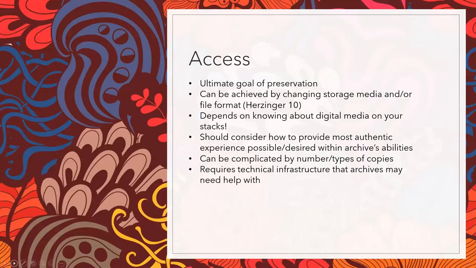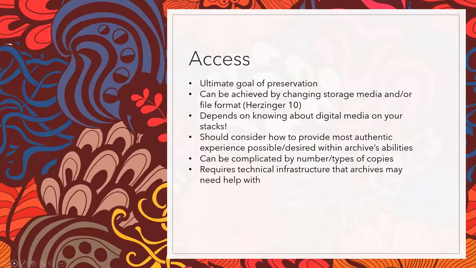And last but not least, access to electronic records or digital records oftentimes requires technical infrastructure that archives may need help with. So you need some kind of content management system that is going to allow your researchers to access electronic records, or you may need some kind of computer in your reading room that is going to allow researchers to have access to your electronic records.